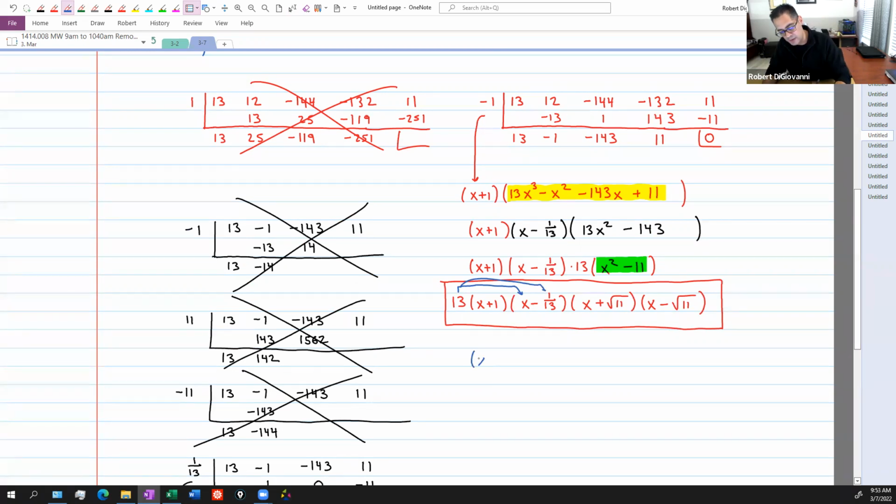If you push the 13 into this second one, you get 13x minus, and then the 13 hits the 1/13 and becomes a 1. It's just a slightly different look. It's the same answer though, okay, everyone? It is exactly the same thing. But if you look at the answer and wonder how they got 13x minus 1, that's what they did. They pushed the 13 through this one. Okay? I just wanted to show you that.